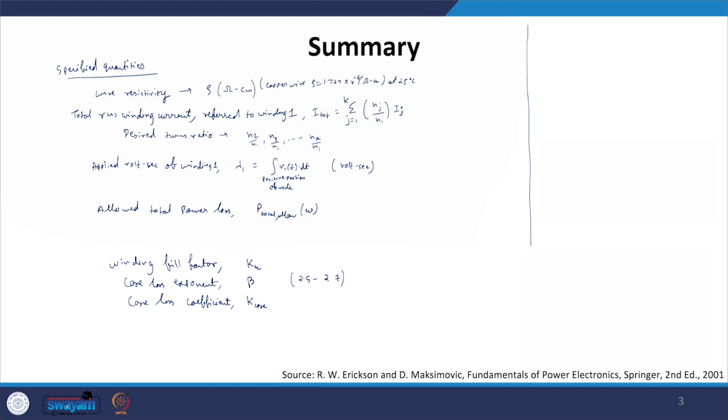Now, there are certain outcomes which you have to obtain. You need to find out certain quantities, particularly the core dimensions, peak AC flux density, wire sizes, then the specific number of turns. We have defined the turns ratio, but we have not defined the specific number of turns in individual windings.